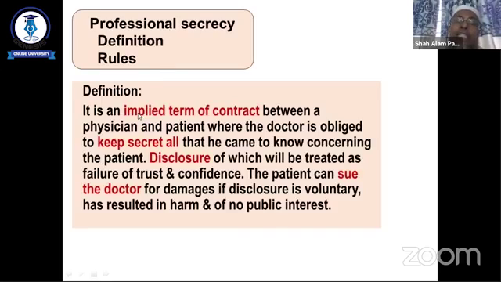Hence, professional secrecy is an implied term of contract between physician and patient, where the physician is obliged to keep the secrets, disclosure of which will be treated as a failure of trust and confidence. And the patient can sue the doctor for damage if, first, disclosed voluntarily; secondly, it has resulted in harm; thirdly, it is of no public interest.